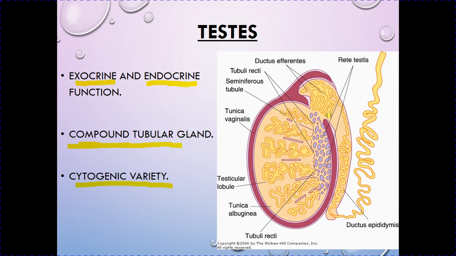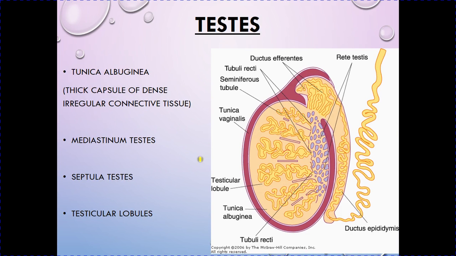This is a cut section of the testes and I will describe all the features present in it. When you take a cut section of the testes, each testis is covered by a thick capsule made up of dense irregular connective tissue.